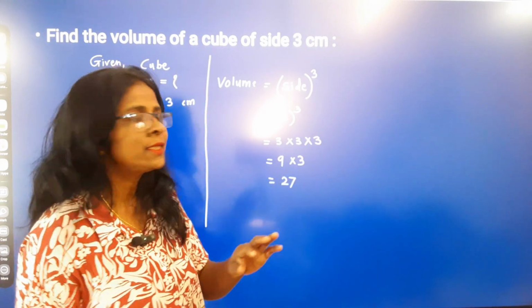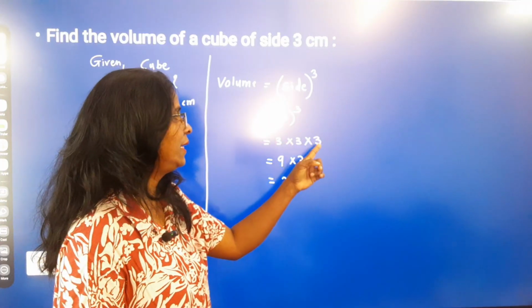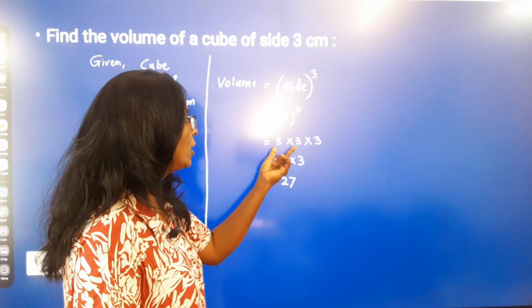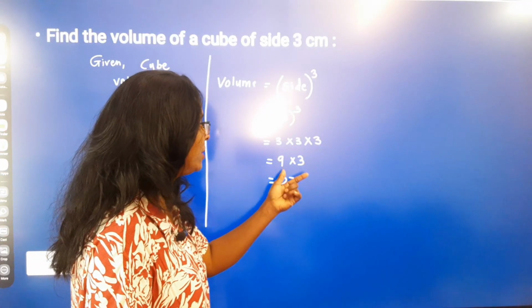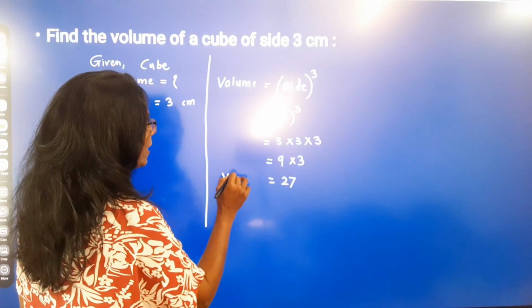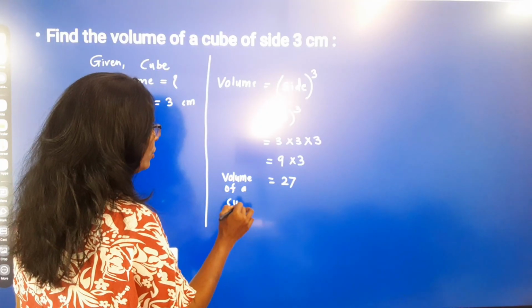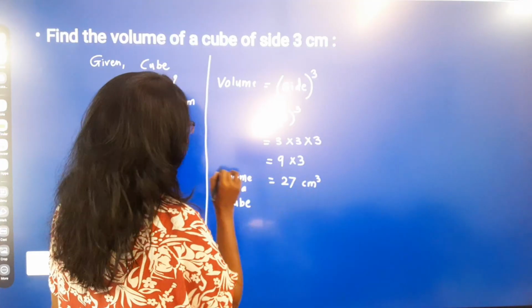Do not calculate it as 3 1s are 3, 3 2s are 6, 3 3s are 9. Do not calculate it that way. You do the product of these two numbers, that is 3 3s are 9, and then multiply by 3. That means 9 3s are 27. Okay, so this is the correct answer. So volume of a cube is equal to 27 cubic centimeter.